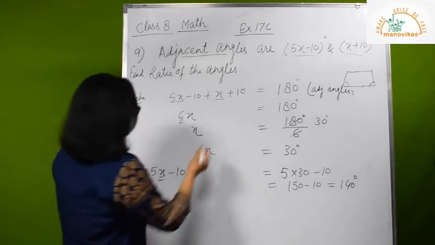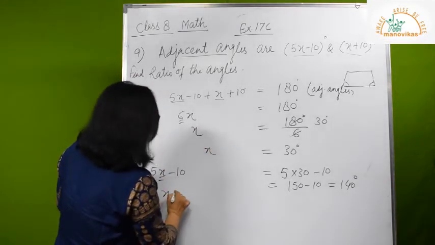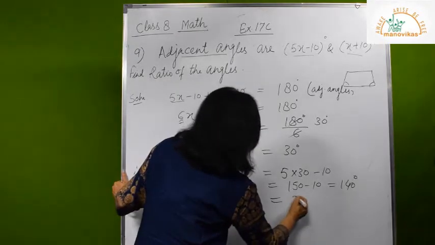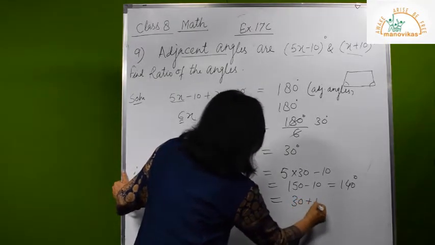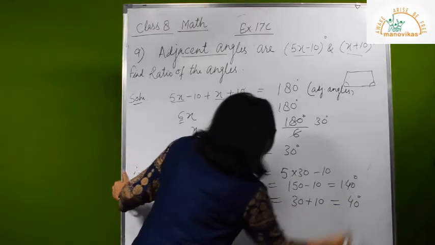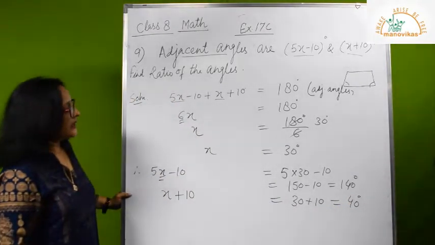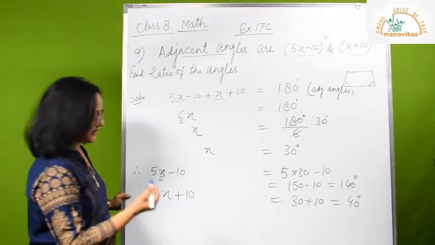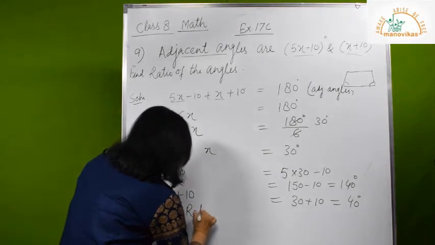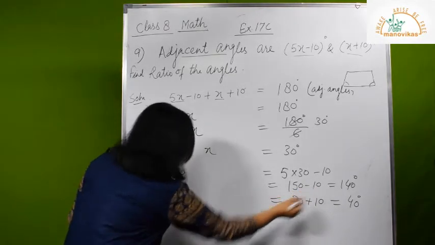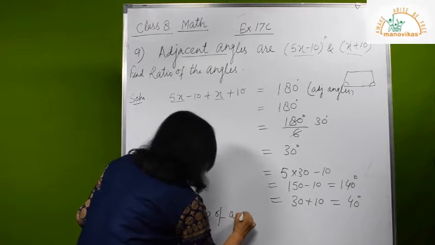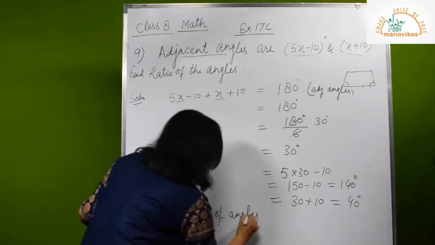Similarly, we can find the value of x plus 10. So x plus 10 means 30 plus 10, which is 40 degree. So one angle is 140 degree and another angle is 40 degree. Now the ratio of angles you can find with the help of these measures. Therefore, ratio of angles. How do we find the ratio?